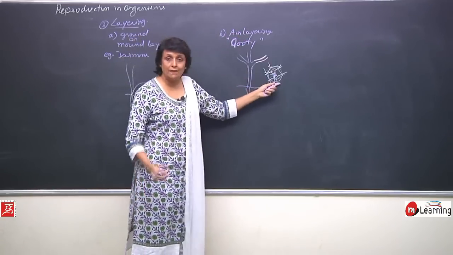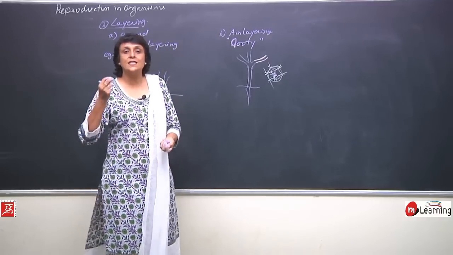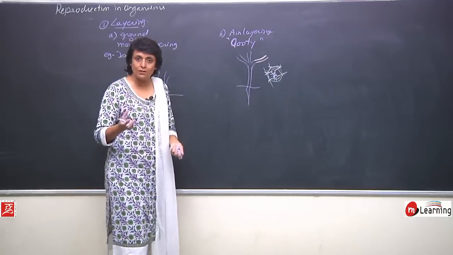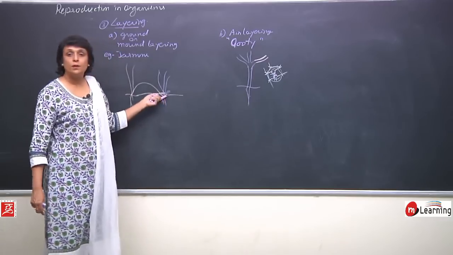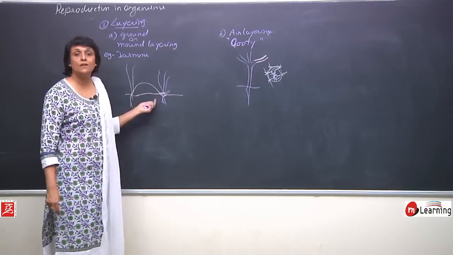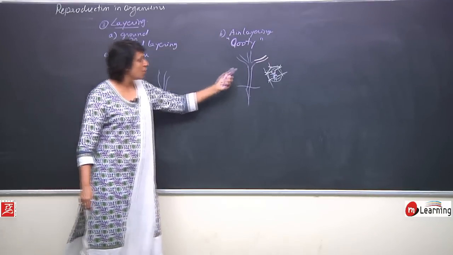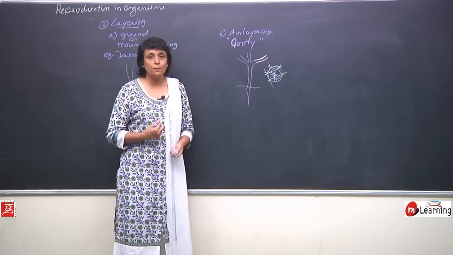So, the advantage of this is that you get a new plant of the same variety, same quality as that of the parent plant. Here also, because it is the vegetative part which is helping in reproduction, they would divide by mitotic divisions. So, all the cells of the new plant would be same as that of the parent plant.